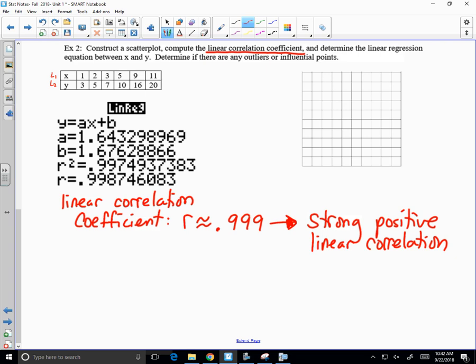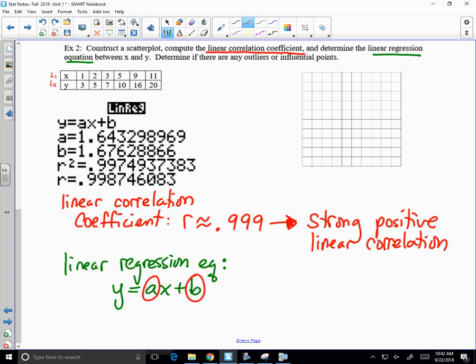Determine the linear regression equation. All right. The model that the calculator is using is y equals ax plus b. We need the a and the b. Well, they gave us the a and the b.